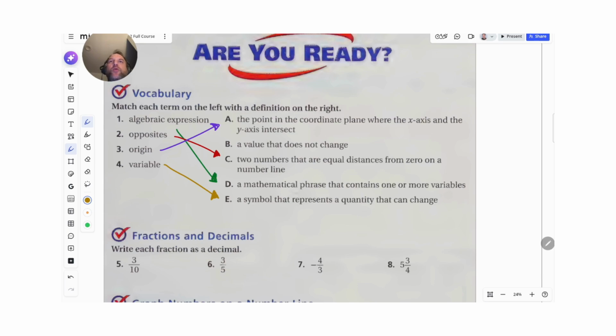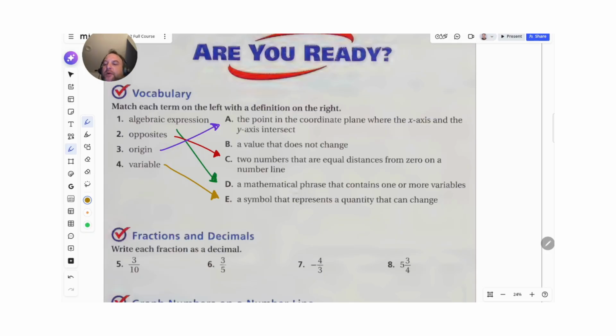All right, so opposites and origin occur when we're plotting points and finding absolute values. On the number line, for example, the opposite of 5 is -5 as we go from the other direction. The absolute value, though, is the distance from 0, which is 5.